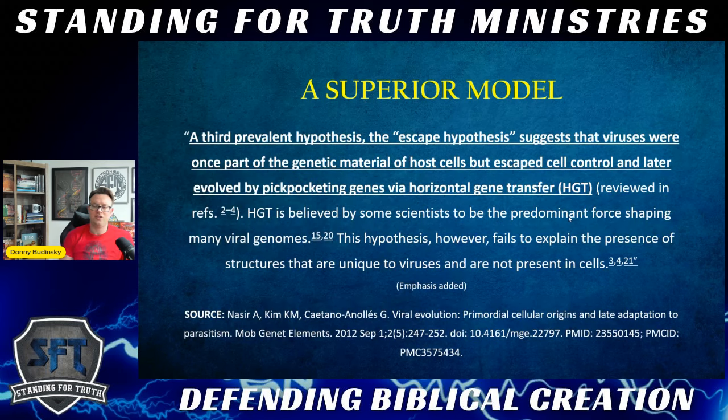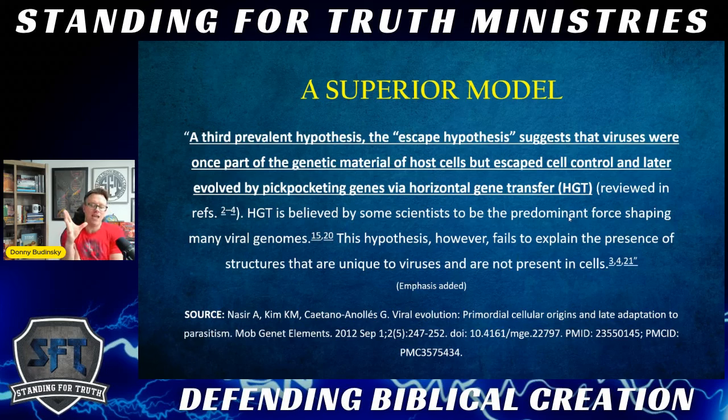And this is just a teaser into all the information you can find in the conventional literature. You can find this in a number of fascinating lectures on retroviruses. A third prevalent hypothesis, the escape hypothesis, suggests that viruses were once part of the genetic material.